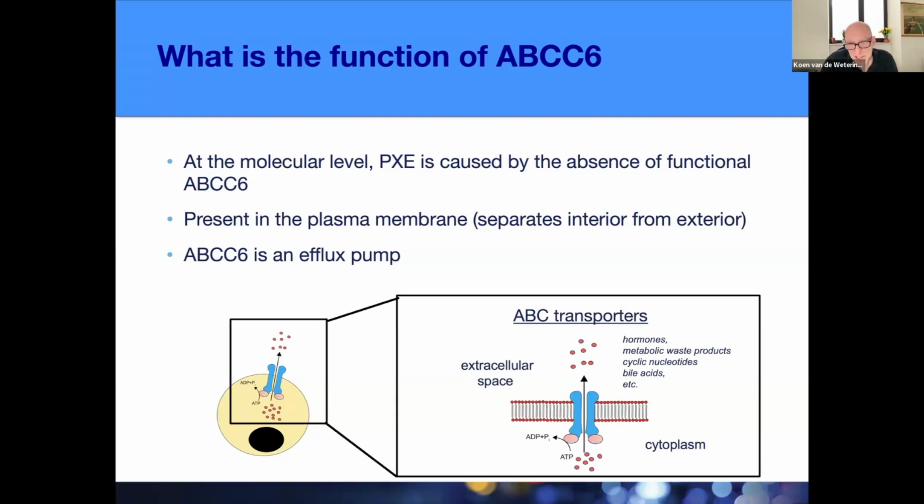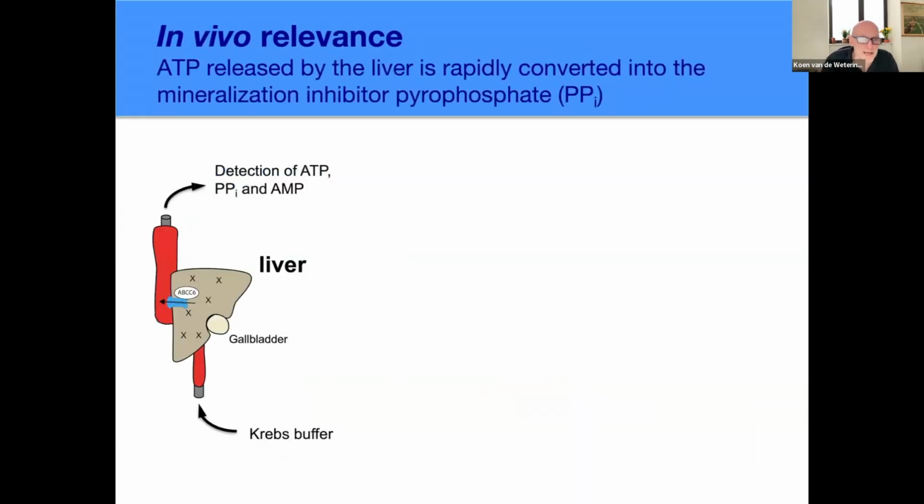There are many ABC transporters, and depending on the specific ABC transporter, the substrates that they pump into the extracellular environment are, for instance, hormones, metabolic waste products, cyclic nucleotides, bile acids, etc. But ABCC6 does something different. So what ABCC6 does, it's not directly pumping out pyrophosphate.